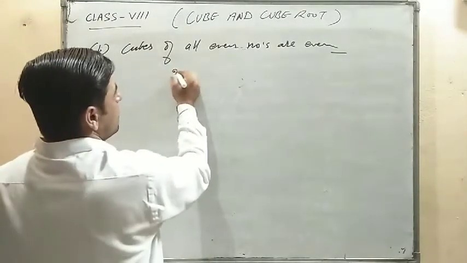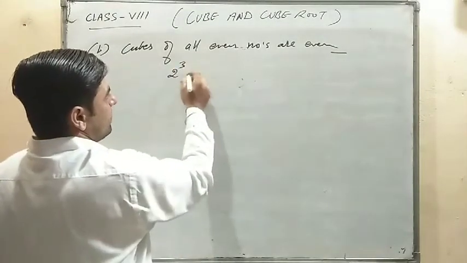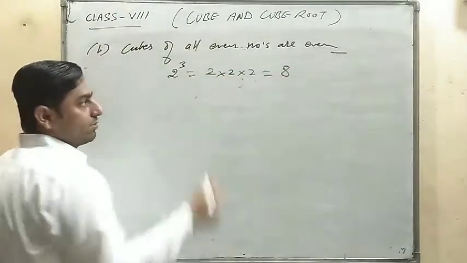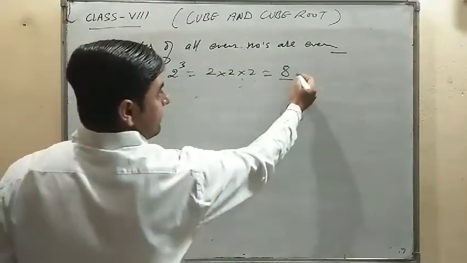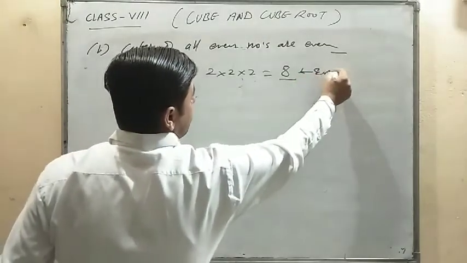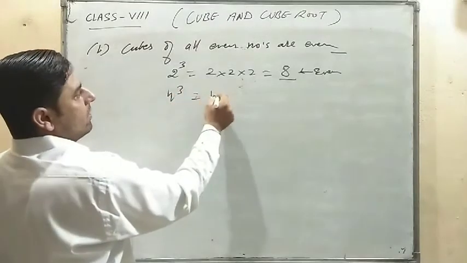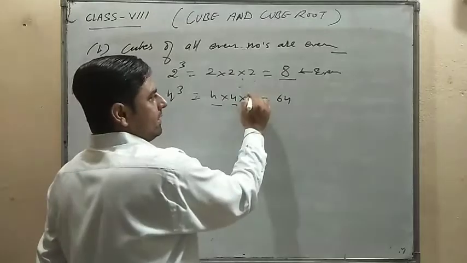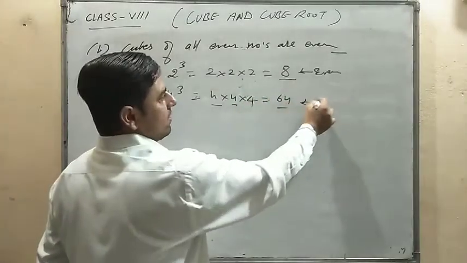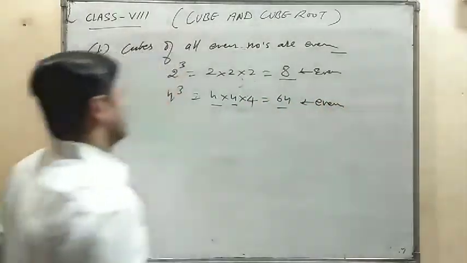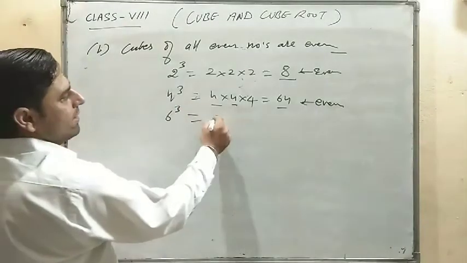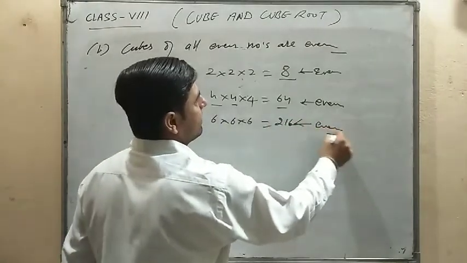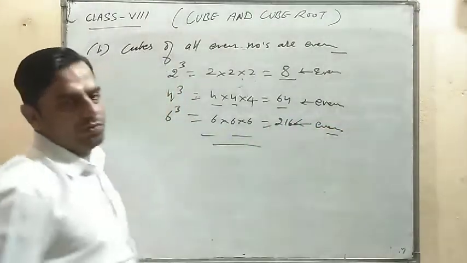Let's see. 2 cube is equal to 8, that is even. 4 cube is equal to 64. 4 fours are 16, 16 fours are 64, so it is also even. Similarly, 6 cube, 6 into 6 into 6, is 216, it is even, and so on.